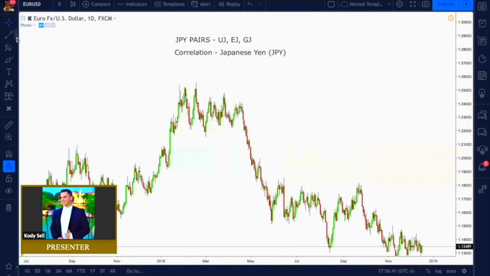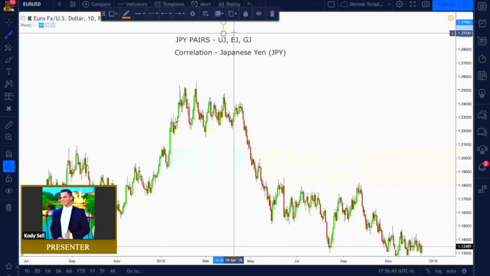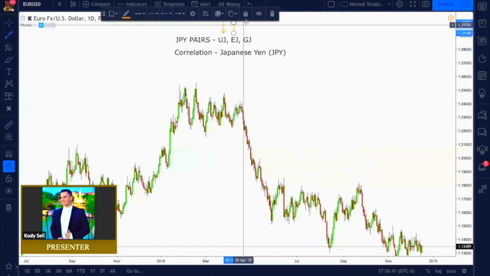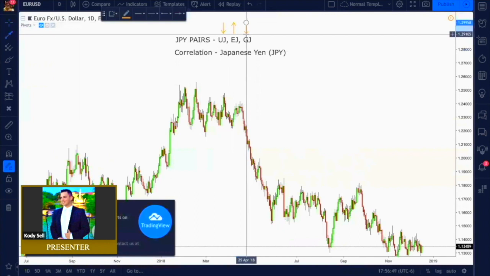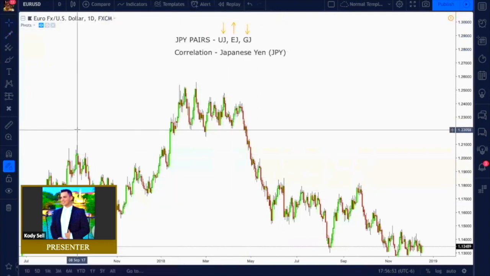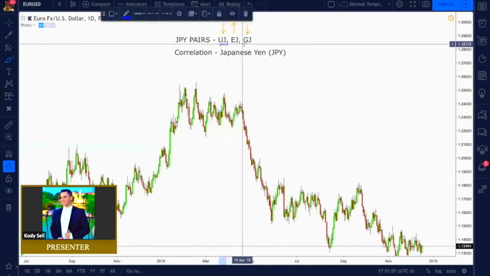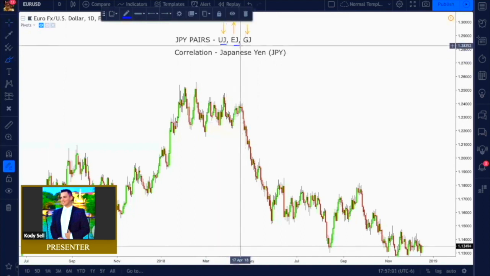So let me just mark this up for you guys. Take a sell trade on UJ, and then take a buy trade on EJ, and then take a sell trade on GJ, or whatever you may choose to do. It doesn't make any sense to have opposing positions running. Do you see what I mean? Because of correlation, we understand that normally at least, it won't make sense to be in a sell on UJ and a buy on EJ.